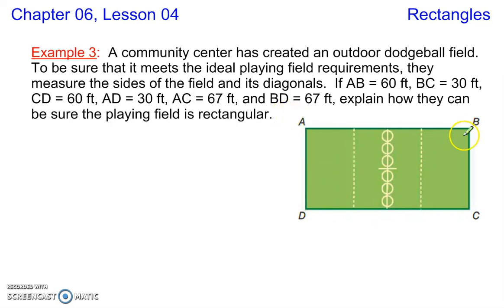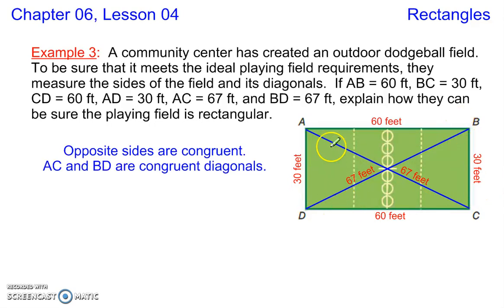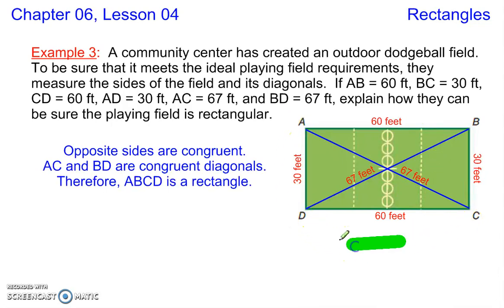If AB is 60 feet, BC is 30 feet, CD is 60, AD is 30, AC is 67, and BD is 67. Explain how they can be sure that the playing field is rectangular. Well, if we inscribe all that information, we know that opposite sides are congruent, 60, 60, 30, 30, and we know that the diagonals are congruent, AC and BD. So we know that this is a rectangle.